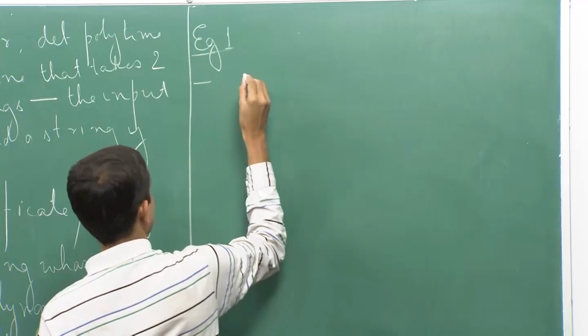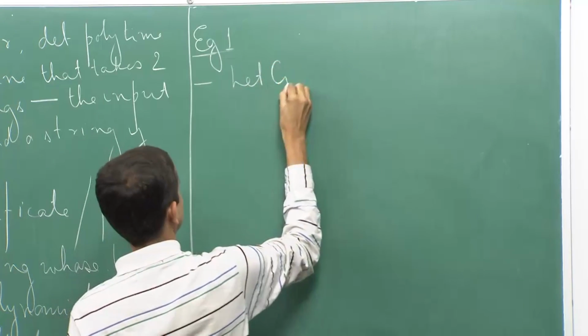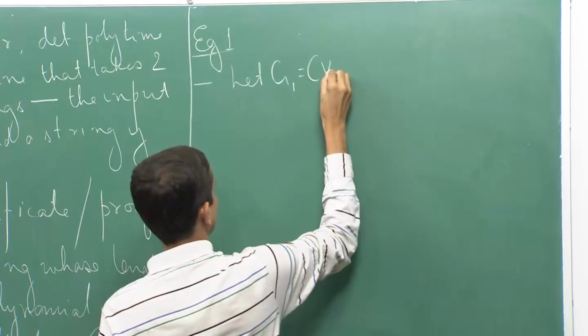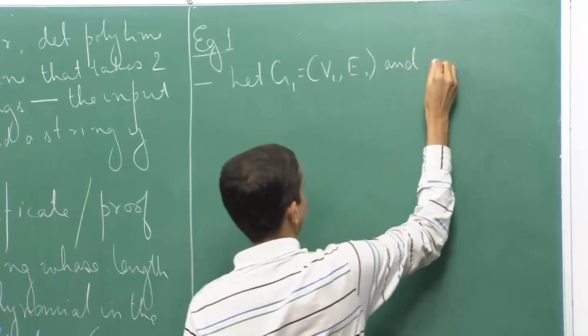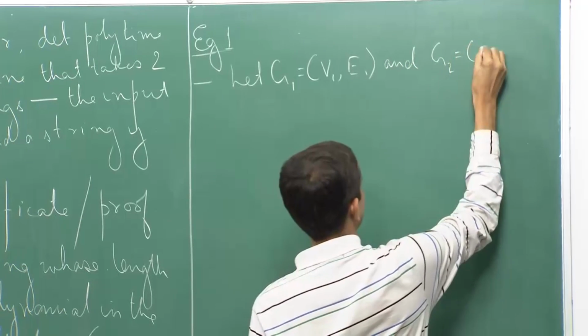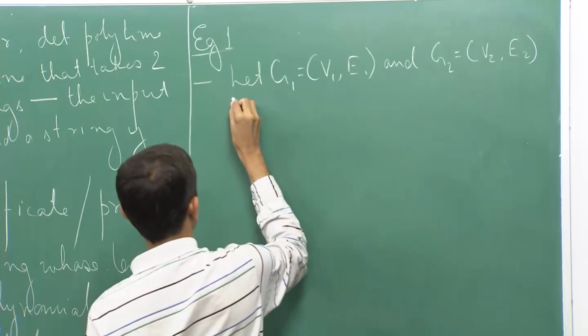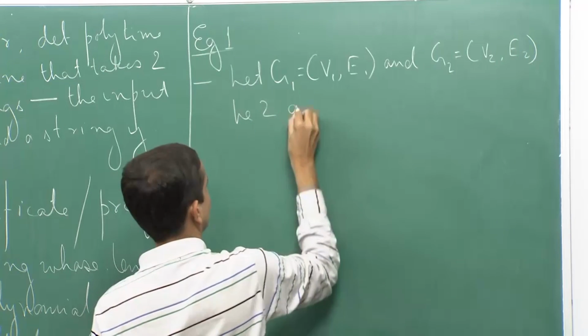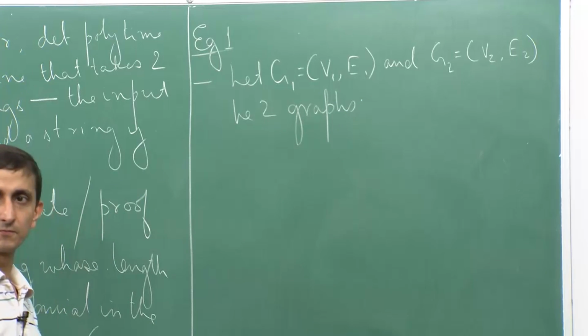So, let G1 equal to (V1, E1) and G2 equal to (V2, E2) be two graphs.